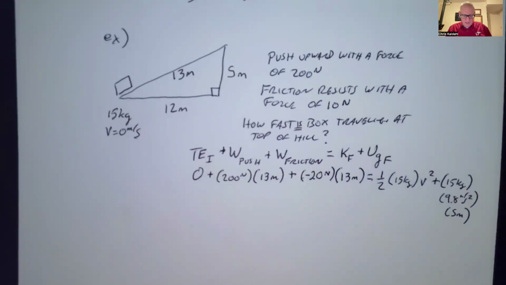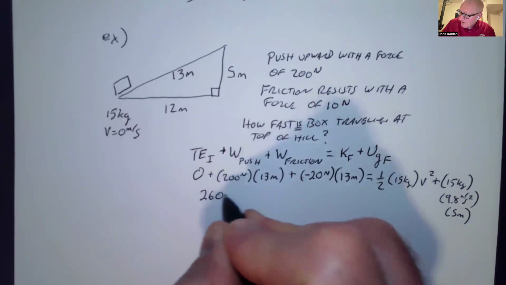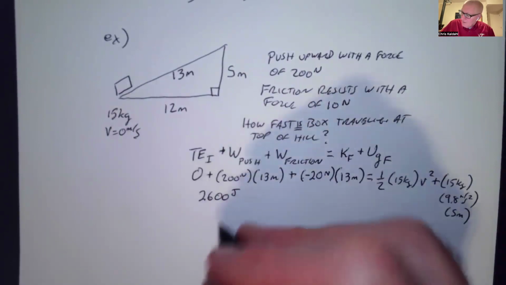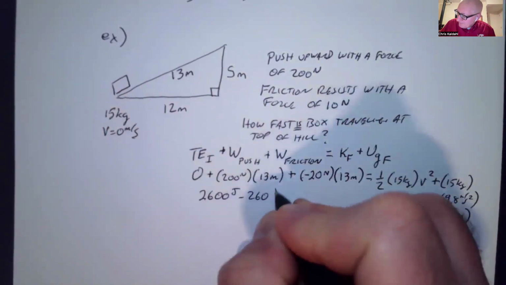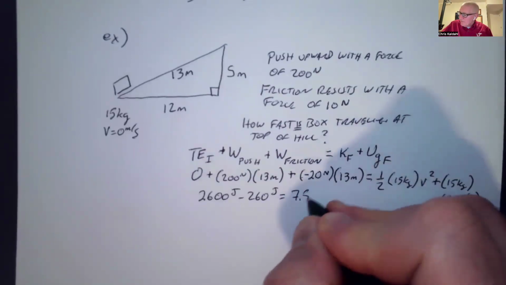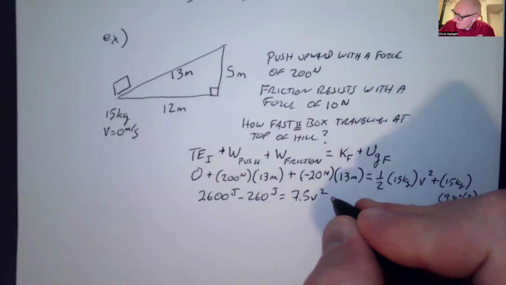So now we crank on our calculator, and I'm going to end up with 2,600 joules worth of energy here. That's 200 times 13, minus 260. Half of 15 is 7.5. And then what do we get when we do 15 times 9.8 times 5? 735.